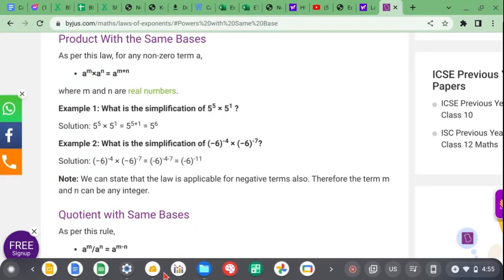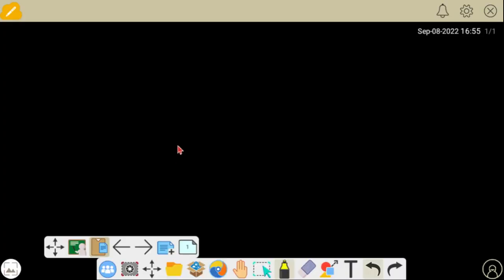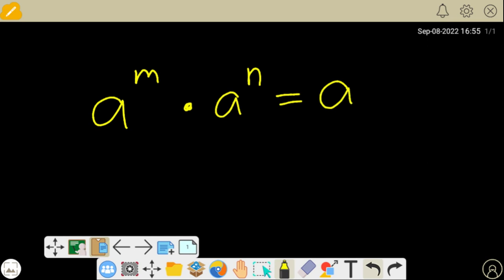For example, if we have the same base, a raised to m times a raised to n is just equal to a raised to m plus n. Meaning all we have to do is to add the exponents.